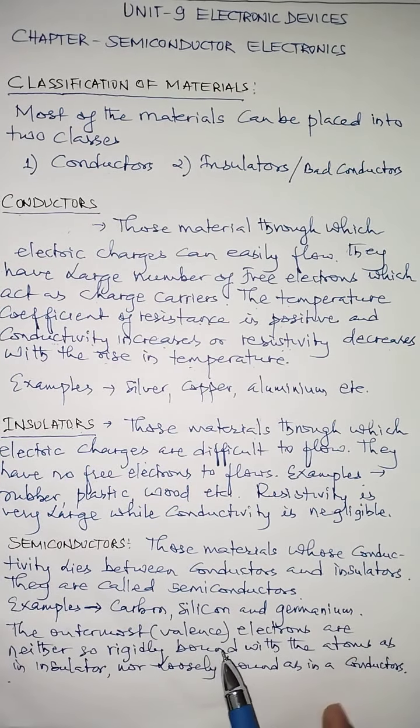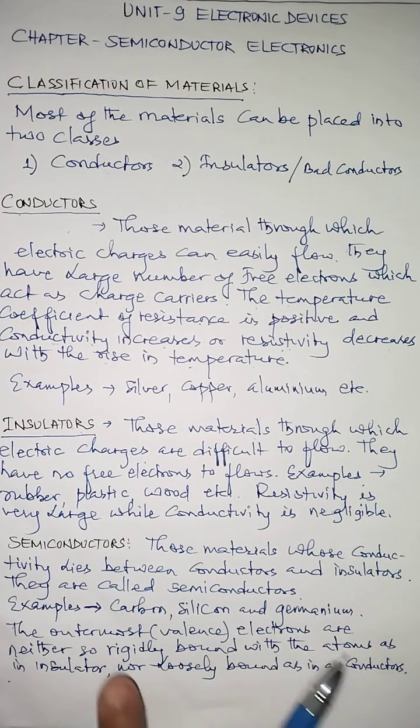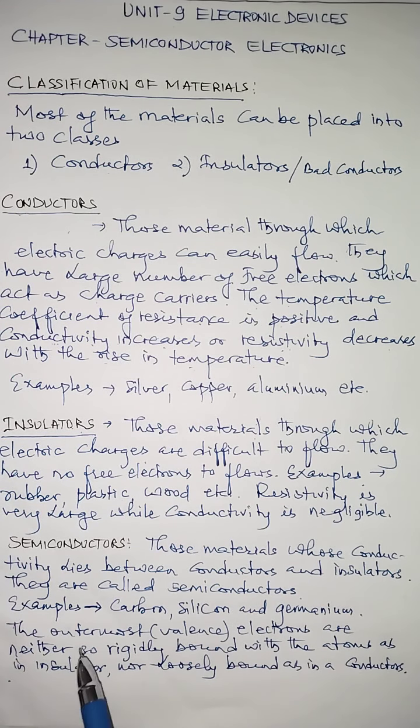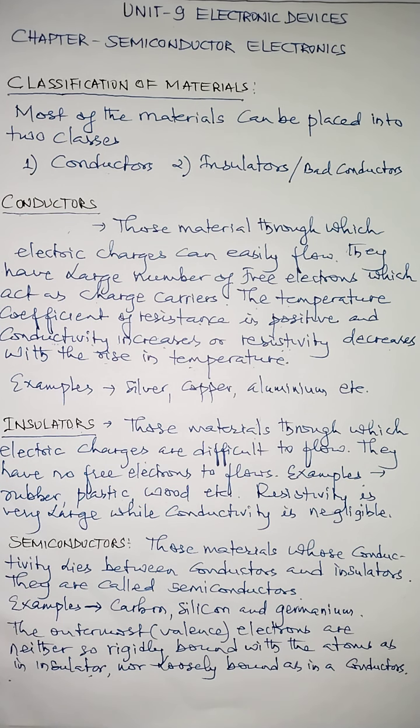The valence electrons, the outermost electrons in a semiconductor, are not rigidly bound to the atom as in an insulator, and not loosely bound as in a conductor.